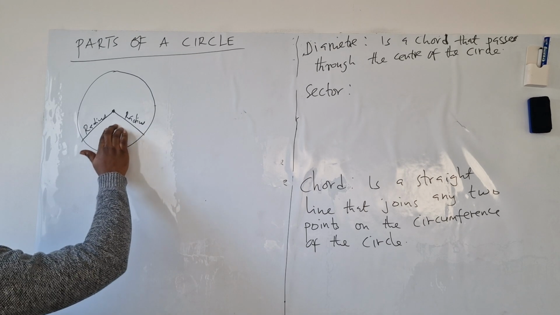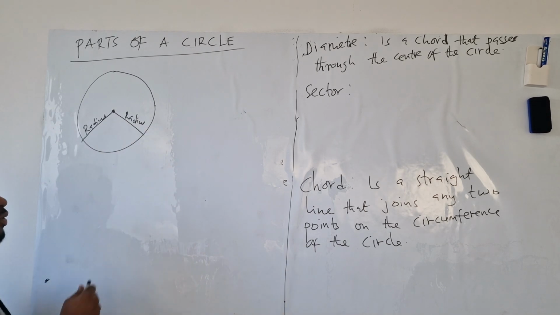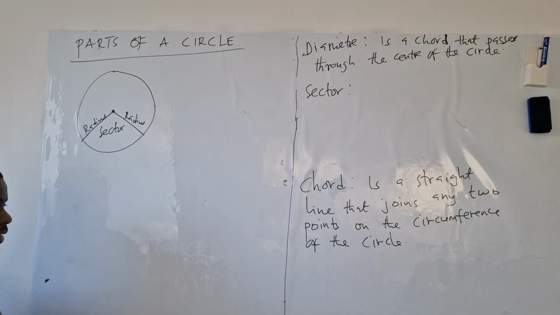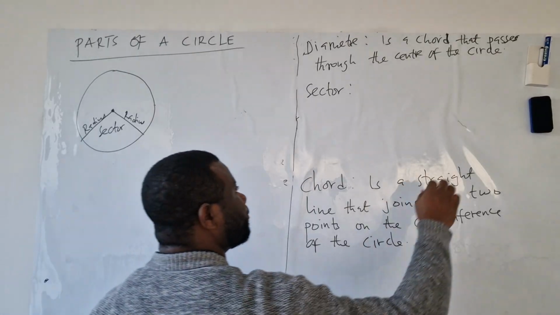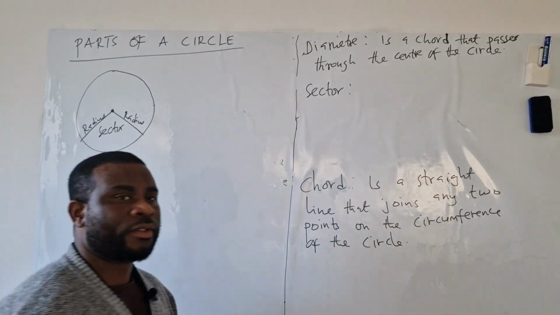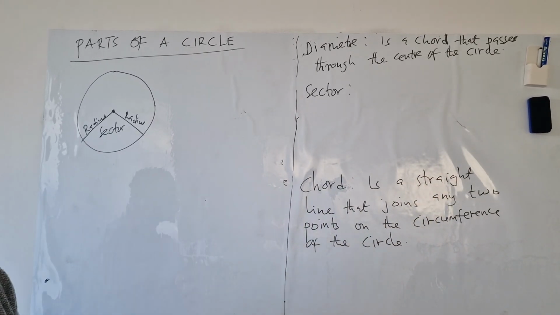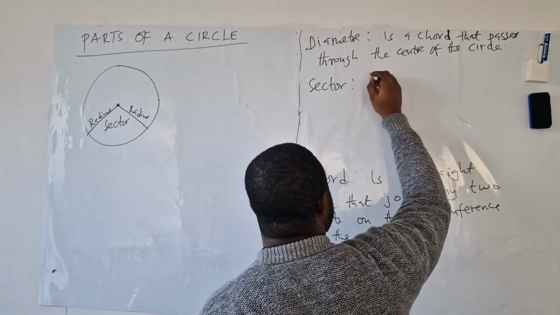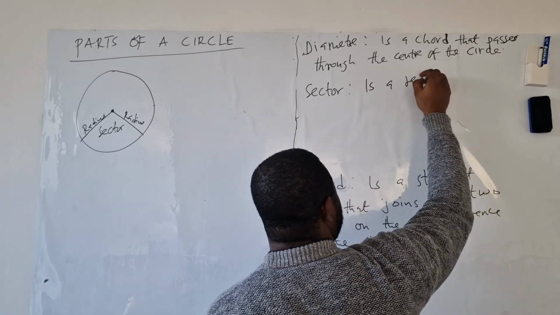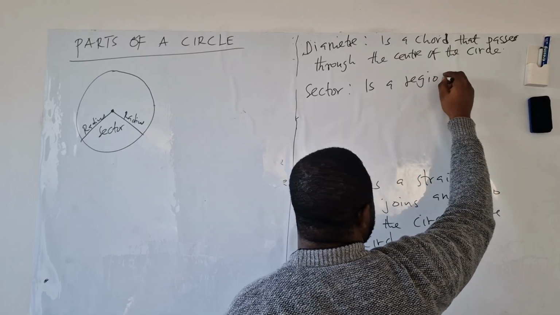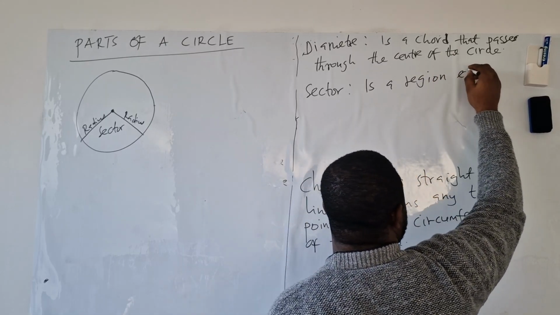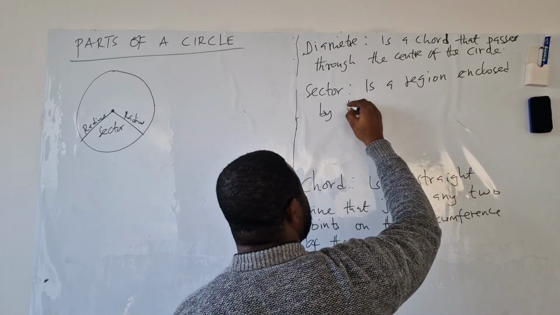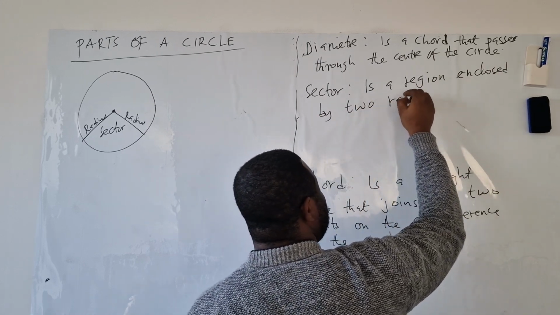So that region, which is enclosed by the two radii, we call that region a sector. Good. So we define a sector as a region enclosed by two radii.